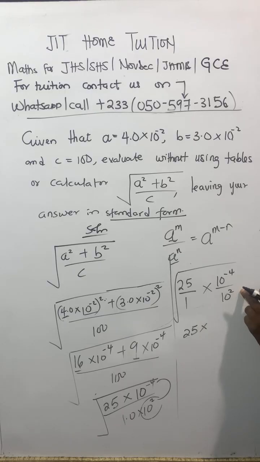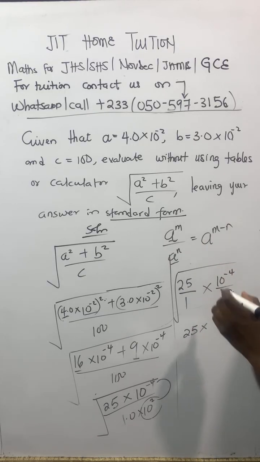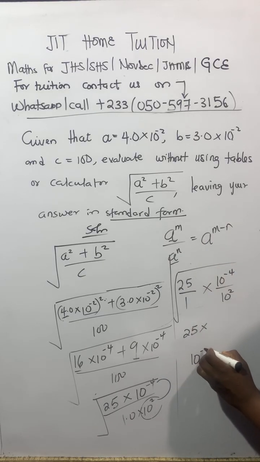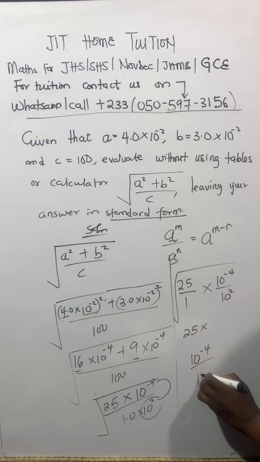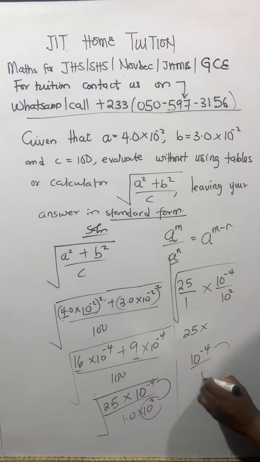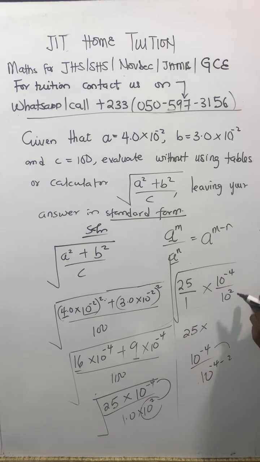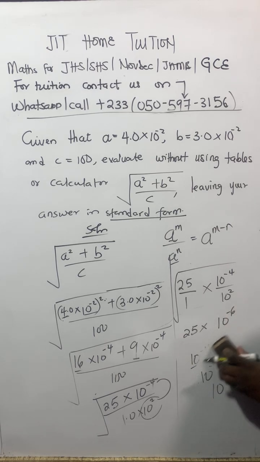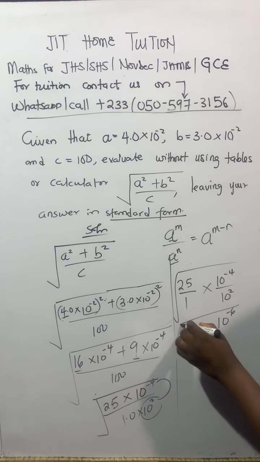Then with this preamble, 10 exponent negative 4 over 10 exponent 2, it will subtract, giving you 10 exponent negative 4 minus 2, and that will give you 10 exponent negative 6. Let's not forget the root sign.